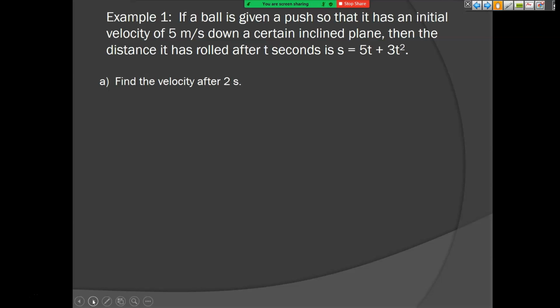It's going down an inclined plane, and its distance is given by the function s of t equals 5t plus 3t squared. Find the velocity after 4 seconds. So velocity is the derivative of position. So 5 plus 6t. Velocity after 2 seconds is the instantaneous velocity, which is v of 2.